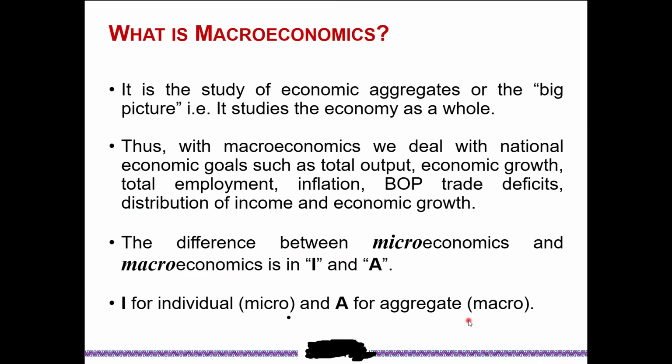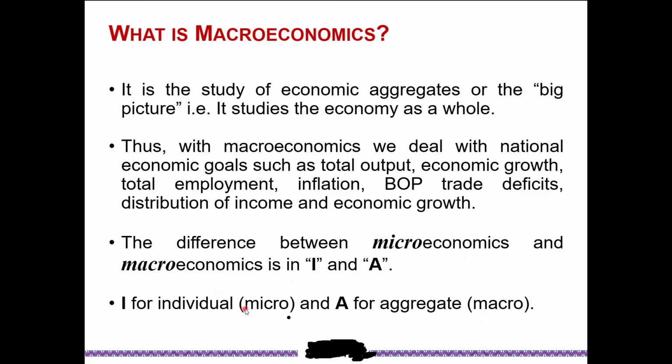So what is macroeconomics? I've already explained this, but I'm going to explain it again. Let's look at bullet number 3. It says the difference between microeconomics and macroeconomics is an I and an A. Micro has an I, for individual, and macro has an A, for aggregate.